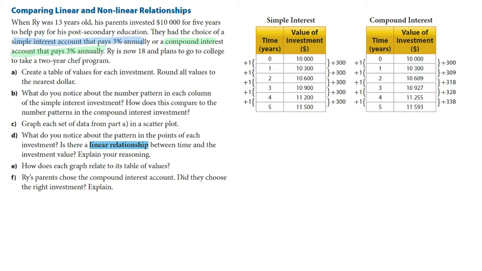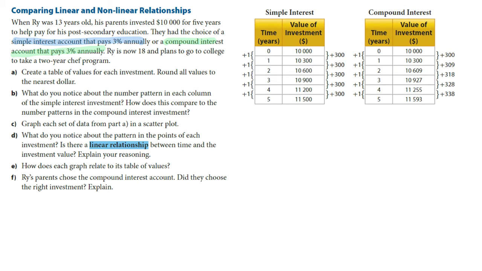All right. So the simple interest graph you can see here. So we start at 0 years, which is just the beginning of the investment. No time has passed. And you can see they invested $10,000. So every year after that, until the end at 5 years, we earn 3% interest.